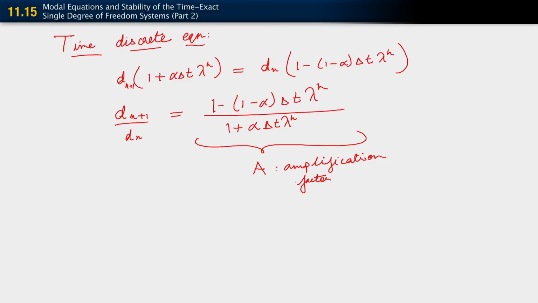And you note that A depends upon alpha, it depends upon delta t, and it depends upon lambda^h. So what that says is that yes, our integration algorithm matters, whether we're choosing one member of the Euler family or the other.